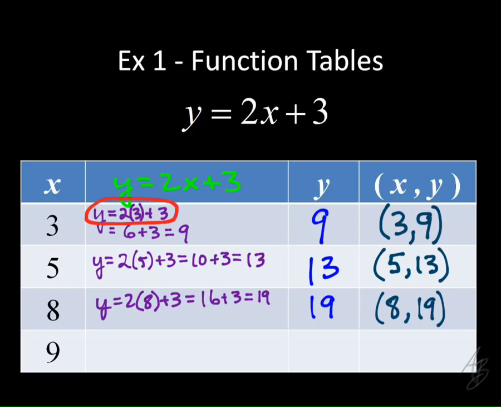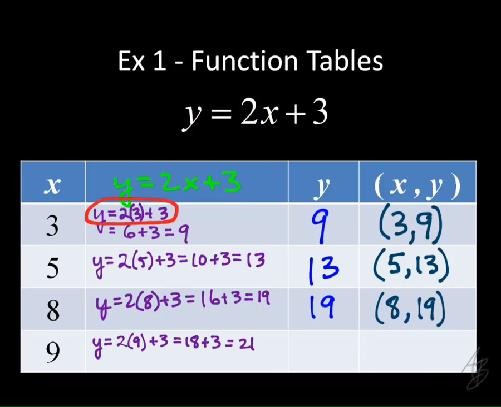Robbie, how about the 9? Don't forget the y equals. That y equals is really important. So y equals 2 times 9 plus 3, and what is 2 times 9? 18. And what is 18 plus 3? 21.